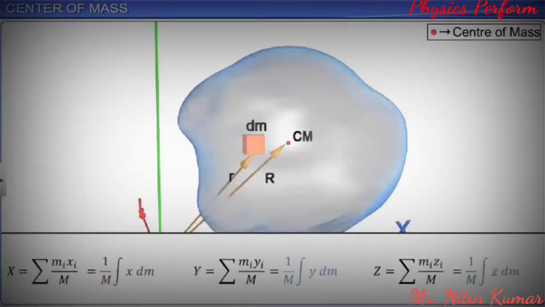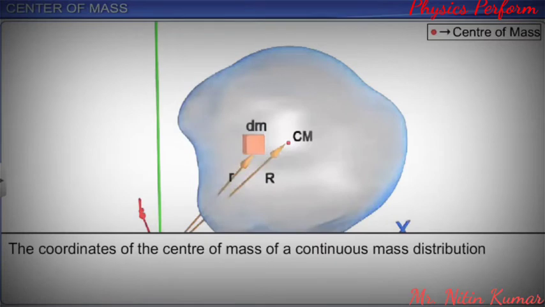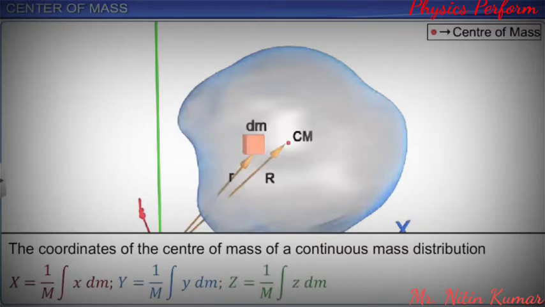The coordinates of the center of mass of a continuous mass distribution are denoted by X is equal to 1 by M integral of x dm, Y is equal to 1 by M integral of y dm, Z is equal to 1 by M integral of z dm, where M is the total mass of the body.